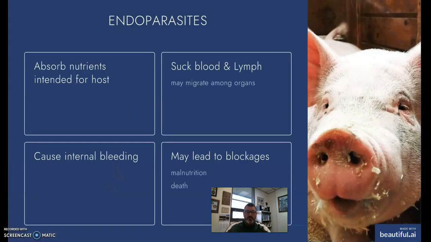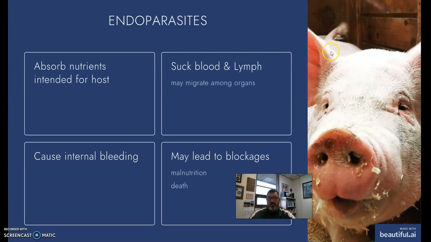Endoparasites are the ones that we're probably more likely to be very concerned about because we will not as often or as easily observe their infestation. And most of the time they affect the host animal because they absorb nutrients intended for the host. So they will be kind of situated somewhere within the body in one of the major organs, not just digestive.